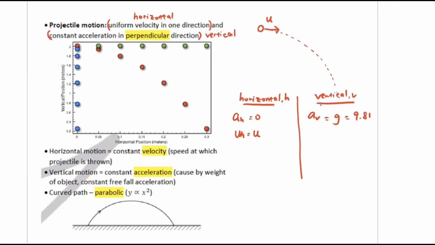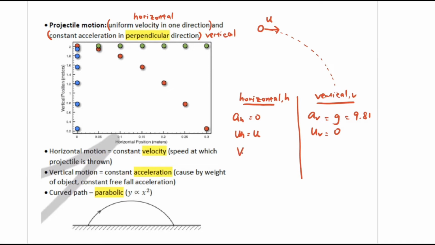But vertically, it doesn't fall down initially. Initially it's moving horizontally, so it doesn't move down. It moves down after a while, because of gravity. So initially, the vertical initial velocity is 0. You compare, it's 0. This one is u.